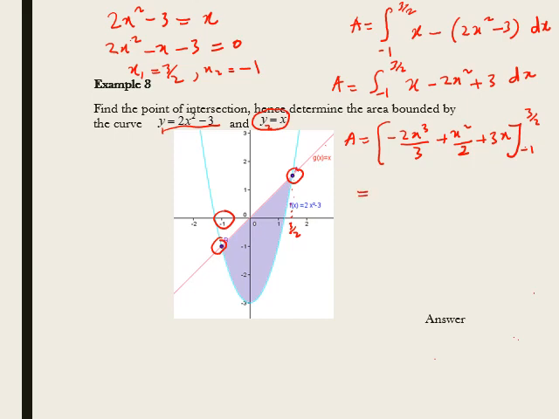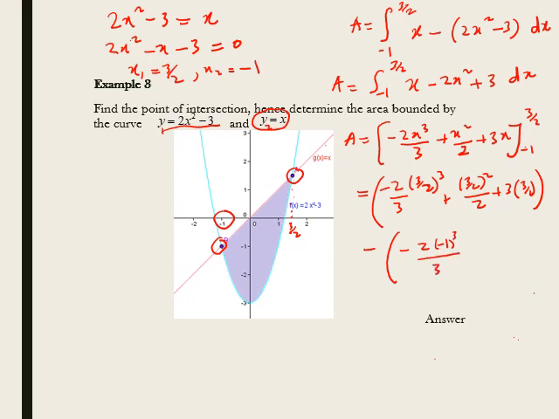Now substitute the limits: negative 2 times 3 over 2 to the power 3 over 3, plus 3 over 2 squared over 2, plus 3 times 3 over 2, minus negative 2 times negative 1 to the power 3 over 3, plus negative 1 squared over 2, plus 3 times negative 1. Simplify and you will get the answer.